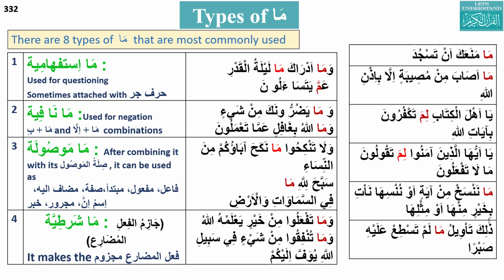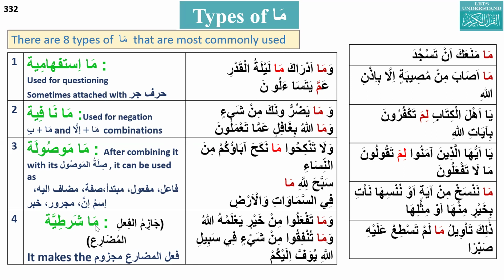Then the third one is ma mausula. It is the same as alladhi, allazina. So it is ma mausula with silatul mausul. When they combine with each other, it can be used as fa'il, maf'ul, mudaf, mudaf ilayhi, sifa, majroor, all of which we have seen. So this is ma mausula.